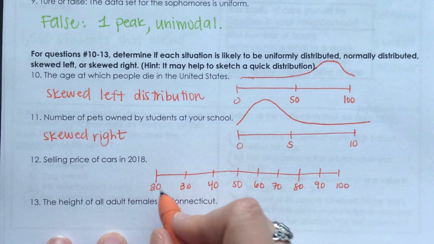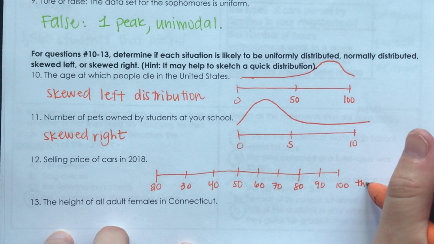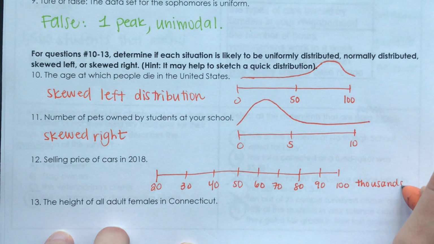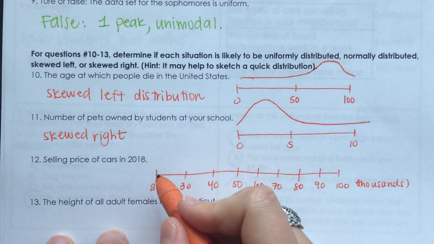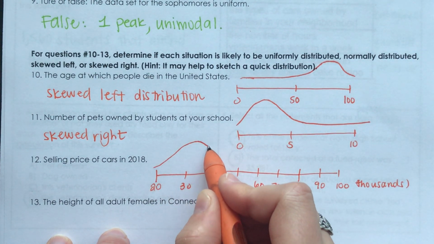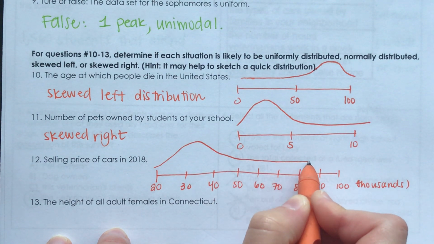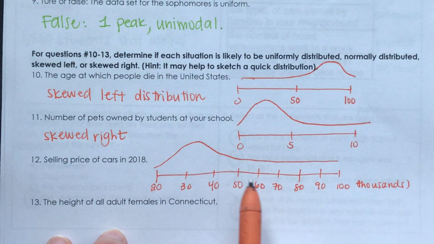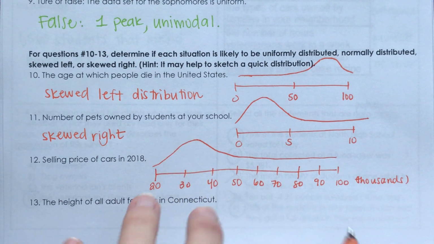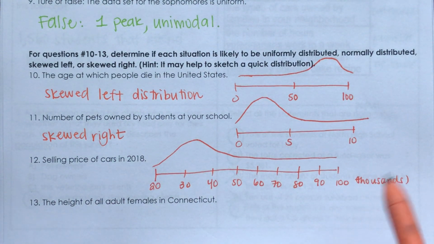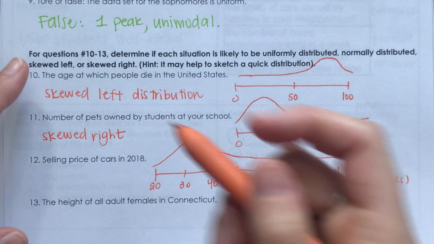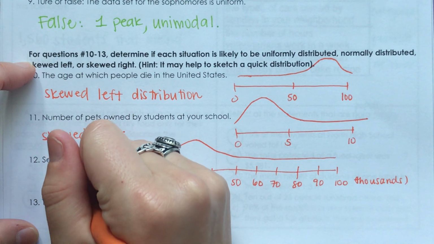But this is in thousands, most cars are probably going to be around this 20, 30, 40 range, and then there will be some, but not many, that are going to be this expensive. So since most of your data is going to be clumped to the left, the lower end, and have a long tail on the right, this would be skewed right data.